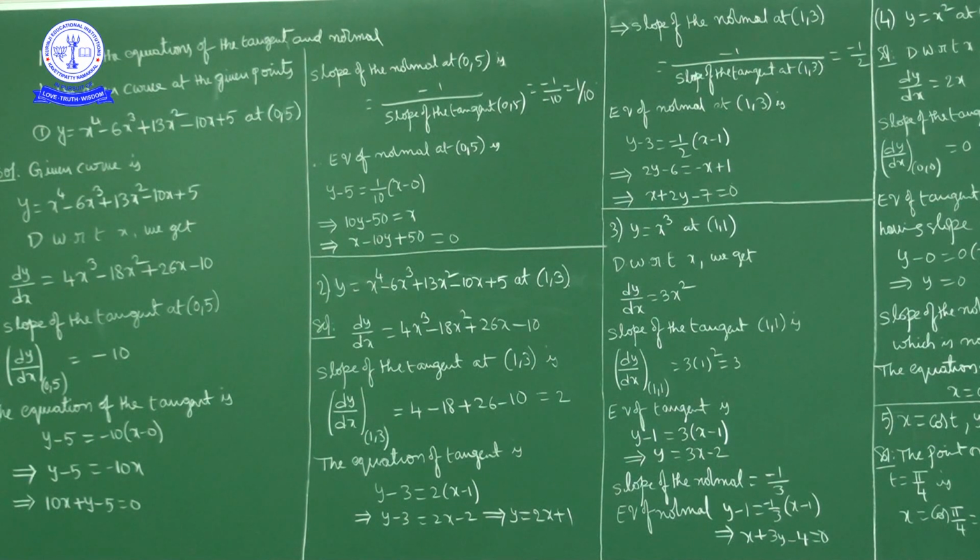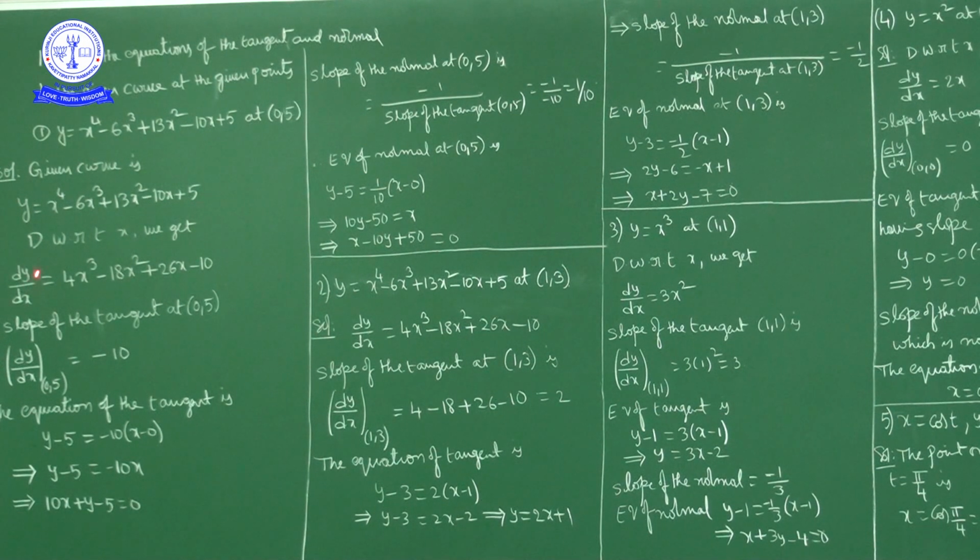Now, to find the equation of tangent and normal, first we will find the slope of the tangent at the point (0, 5). So the slope of the tangent at (0, 5) is dy/dx at (0, 5). Now y is equal to x^4 minus 6x^3 plus 13x^2 minus 10x plus 5. This is the given curve. Differentiate with respect to x.